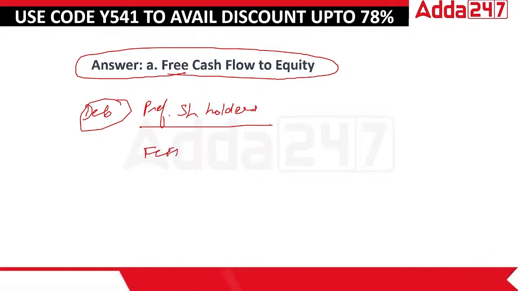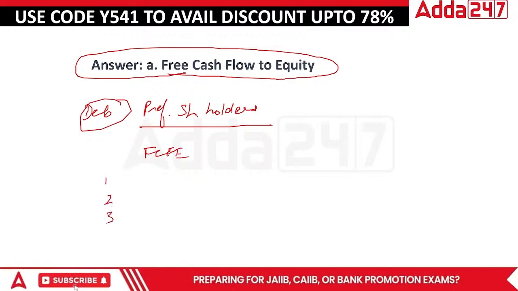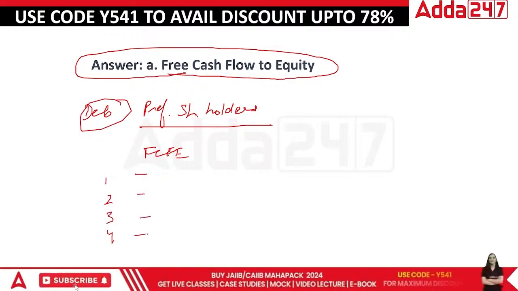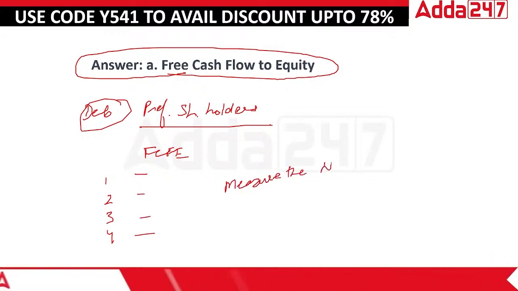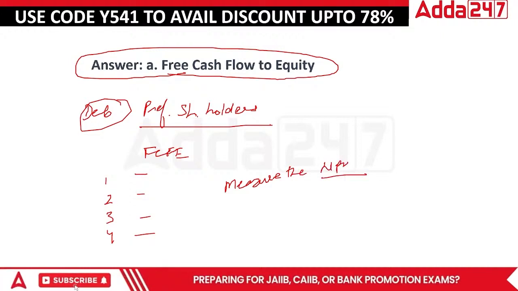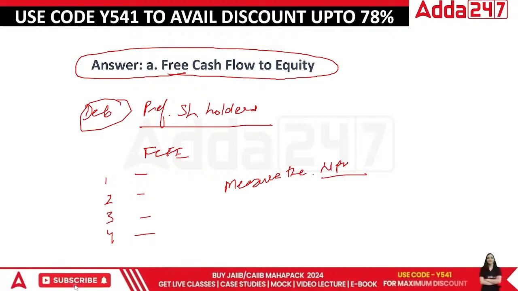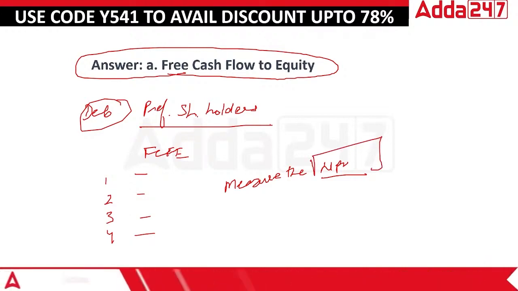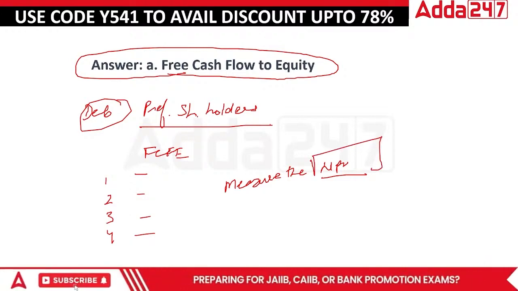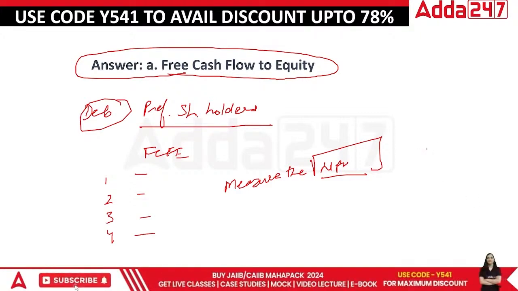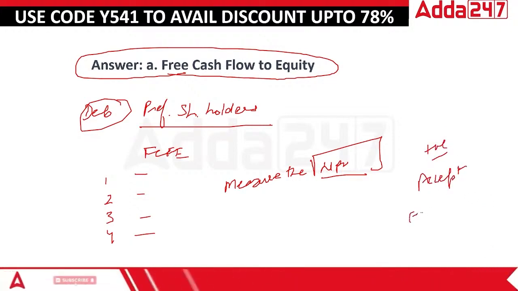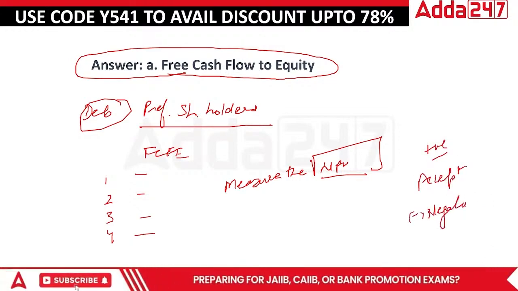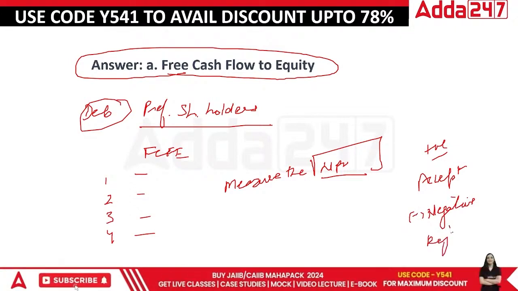And when we talk about FCFE, we are looking at it over a period of years, and then we find the net present value, NPV. Once you find the net present value, you can find out whether it is helpful for this organization or not. If it is positive, then accept. If it is negative, then reject.